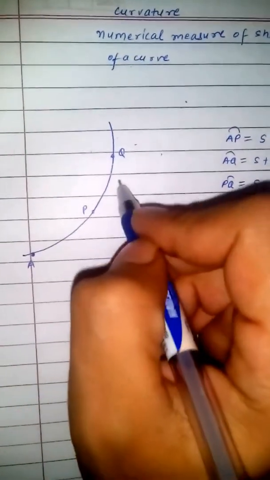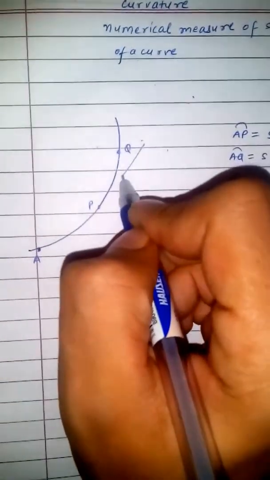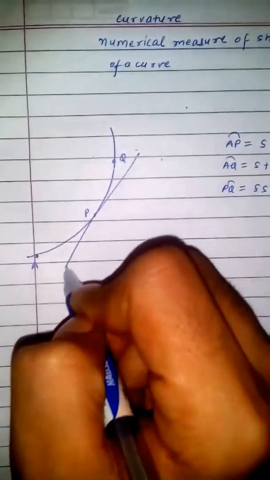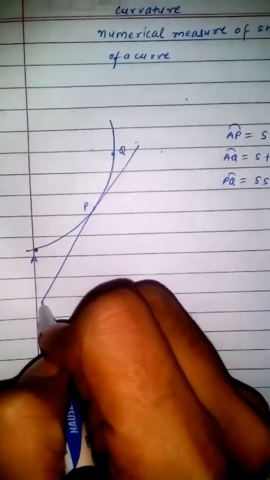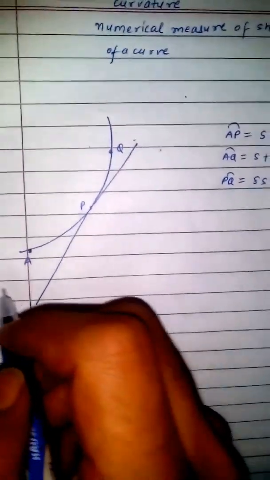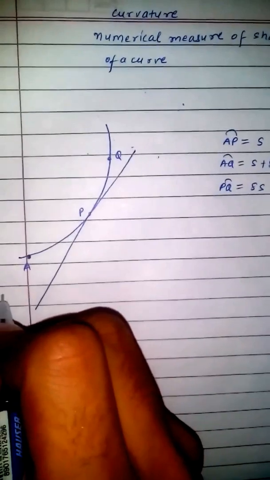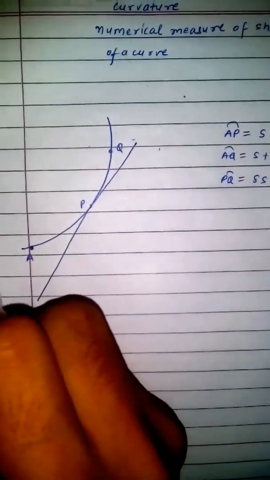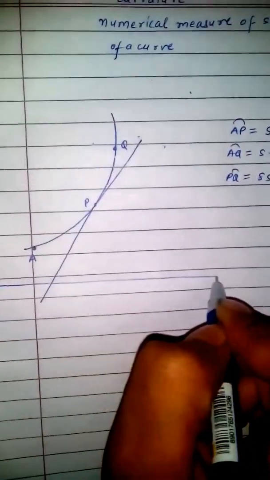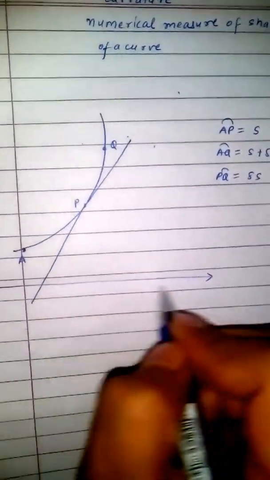Now take a tangent at the point P here. Suppose it makes an angle psi with the initial line. Suppose this is the initial line OX over here.